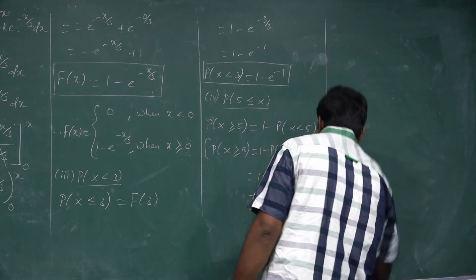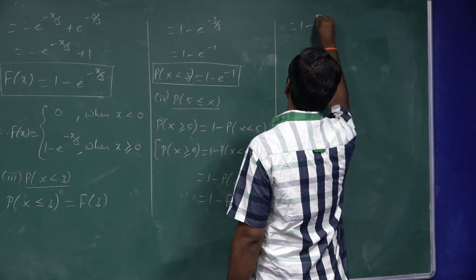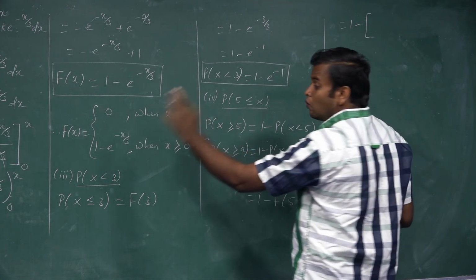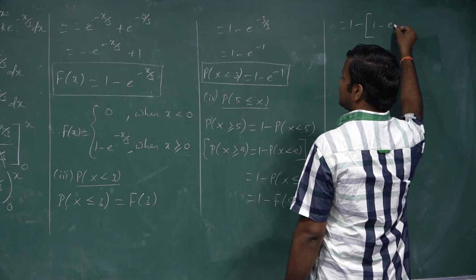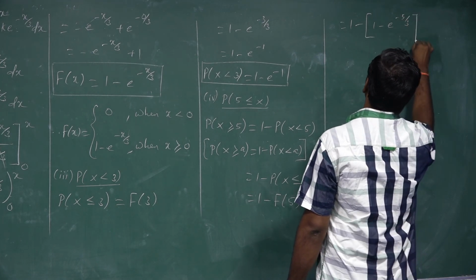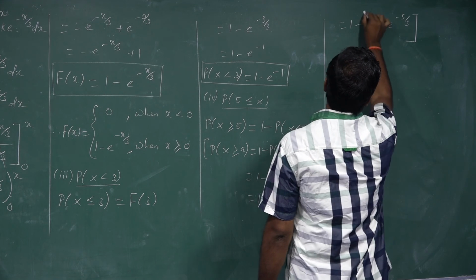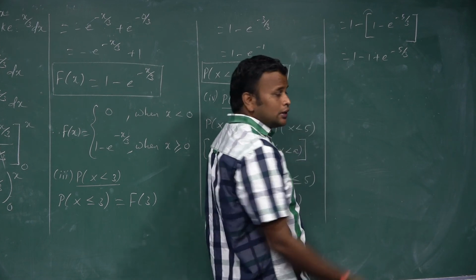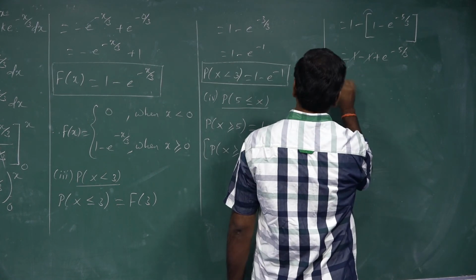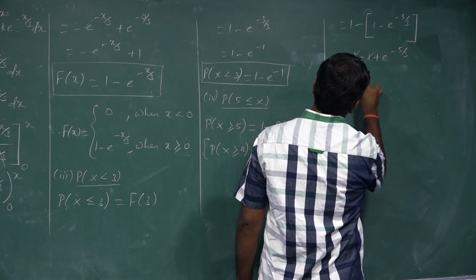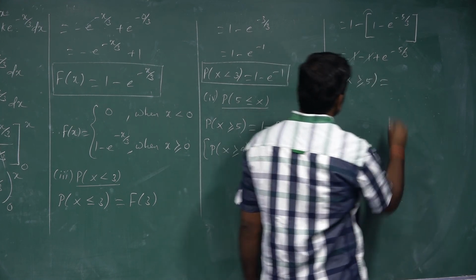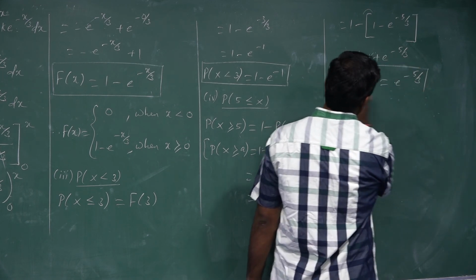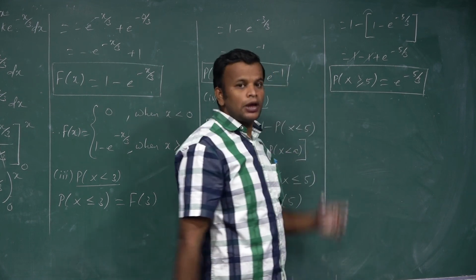So replace x by 5: 1 minus e power minus 5 by 3. I multiply the minus inside: minus 1 plus e power minus 5 by 3. I cancel plus 1 and minus 1. So P of x greater than or equal to 5 is just e power minus 5 by 3.